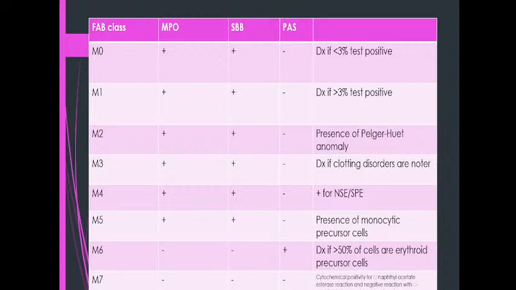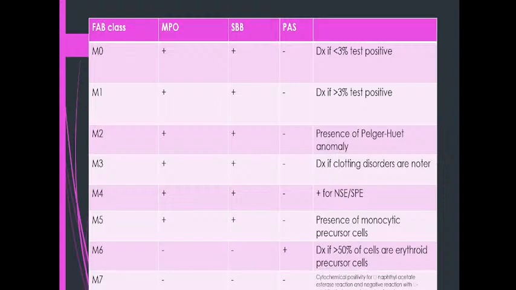Now, let's go one by one. If both of them test positive for this one, the diagnosis is reached as M0 if less than 3% test positive. Okay? If more than 3% is positive, diagnose it as M1.